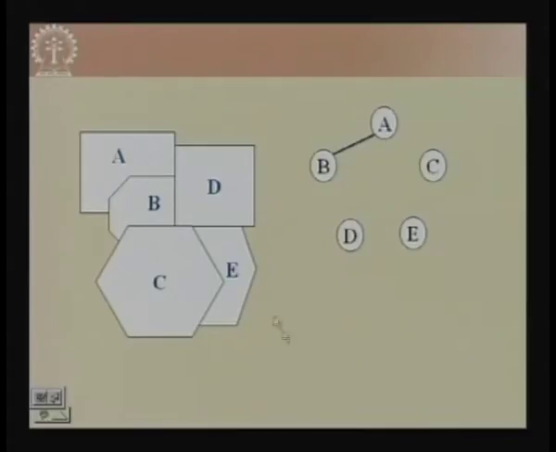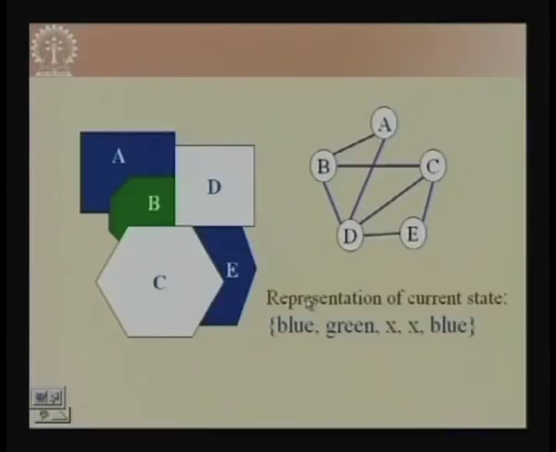Now, A and B are connected, A and D are connected, B and C, B and D, C and D, C and E, and D and E. So, this graph represents this map. This is a particular state of the graph where A and E are colored blue, B is colored green, and C and D have not been assigned colors as yet. We will represent this state as blue, green, X, X, blue.